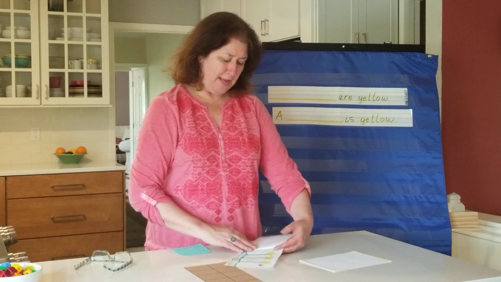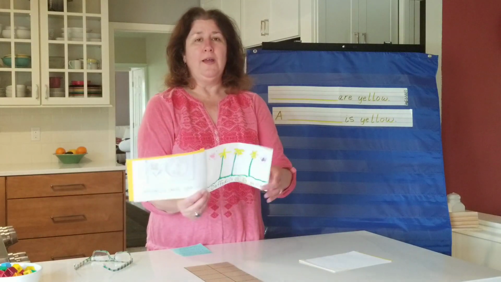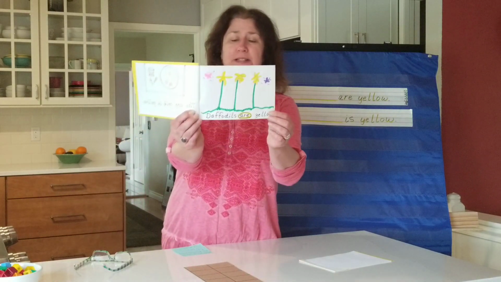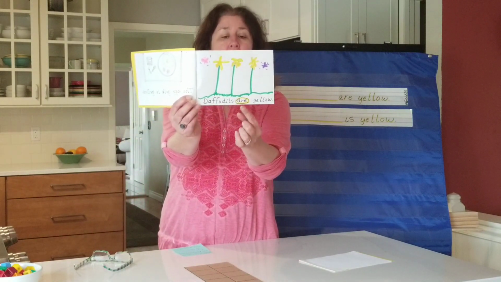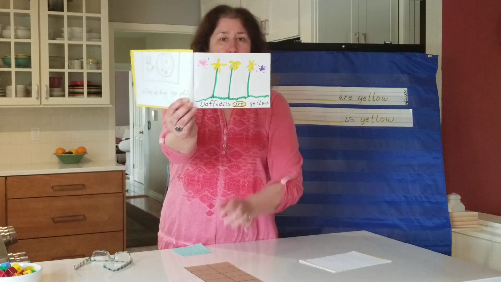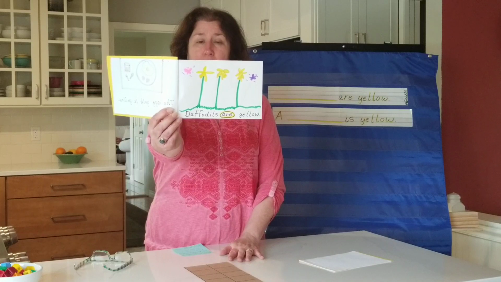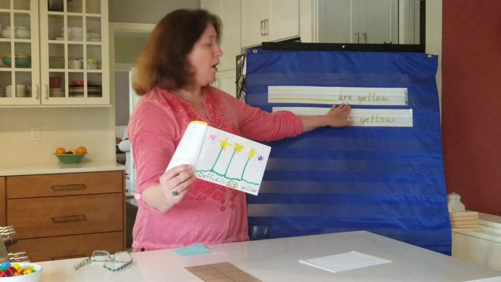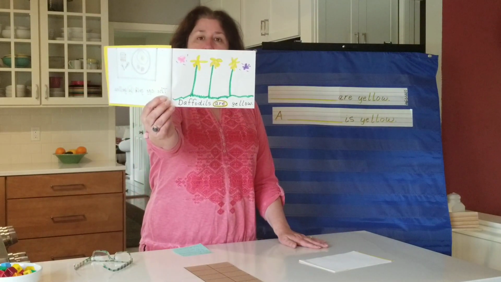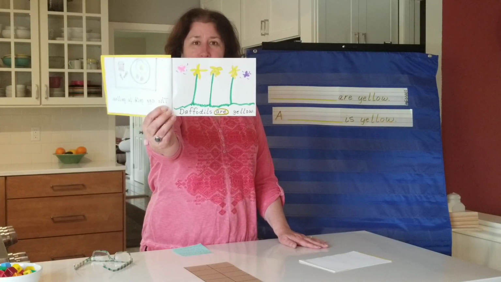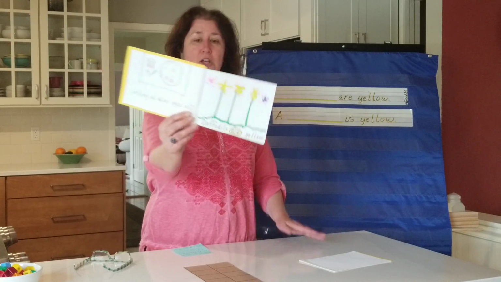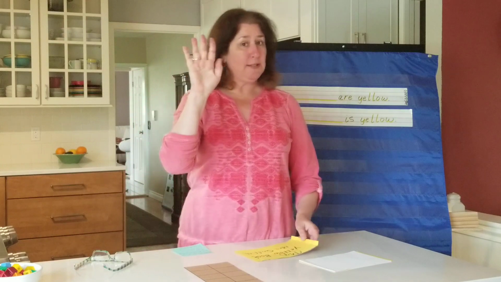In my last page, one of my favorites. Daffodils are yellow. Okay, I'm writing about more than one daffodil, so I'm going to use the word are. Daffodils are yellow.